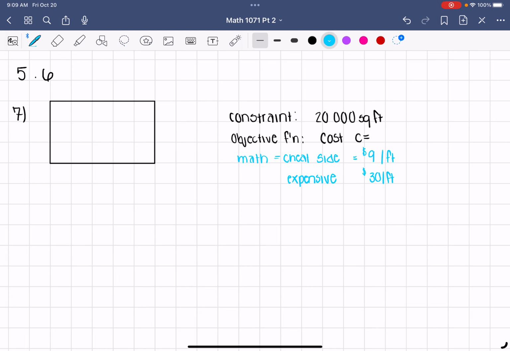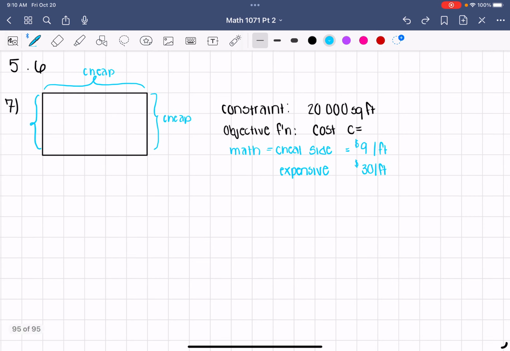Okay. And so, as I say, a math person would say, okay, here is X feet at $A a foot. So that would be X times A. And here is Y feet at $A a foot. And here's cheap side at $A a foot.